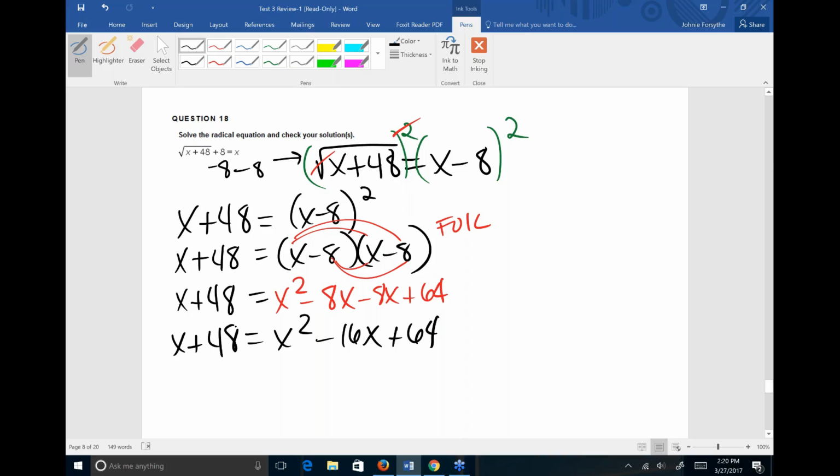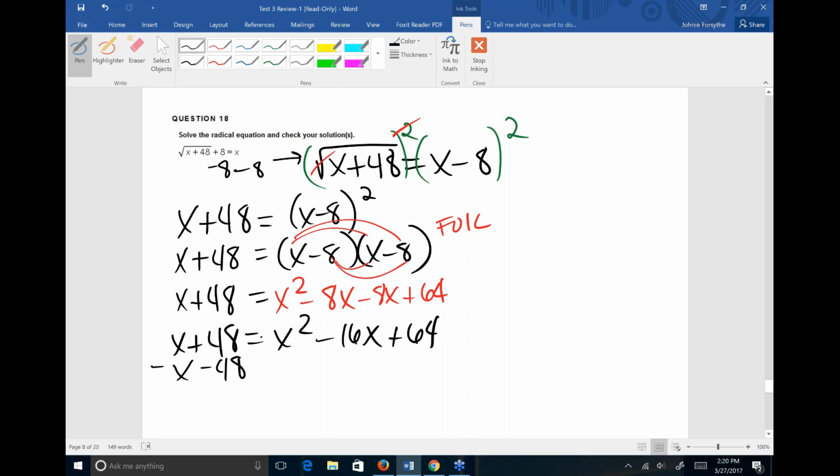And now I have an x squared here, so it's a trinomial. Well, maybe not a trinomial, but it's a quadratic. So I want to set it all equal to 0 to start solving this. That means I move the x and the 48, because I want this x squared to stay positive. So when I factor it, it's much easier.